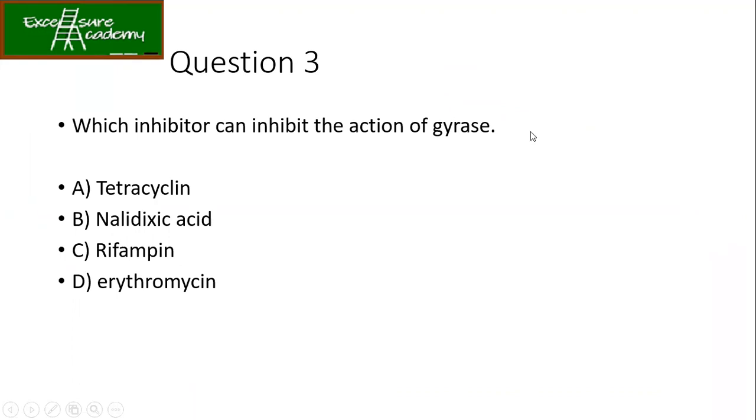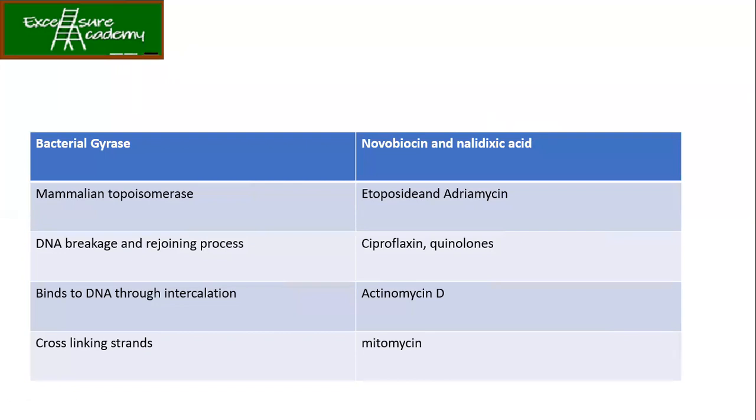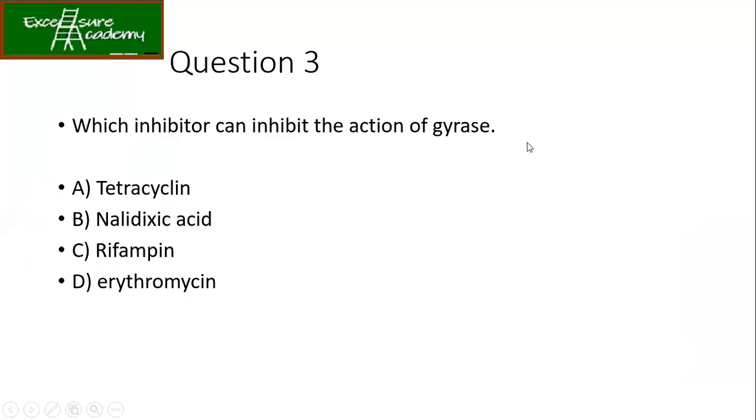You may not remember, but what are the options given? We know the inhibitor of bacterial gyrase is novobiocin and nalidixic acid. Now tell me the answer. Nalidixic acid. Yes, B. Okay, so the answer is B. So please remember that table.